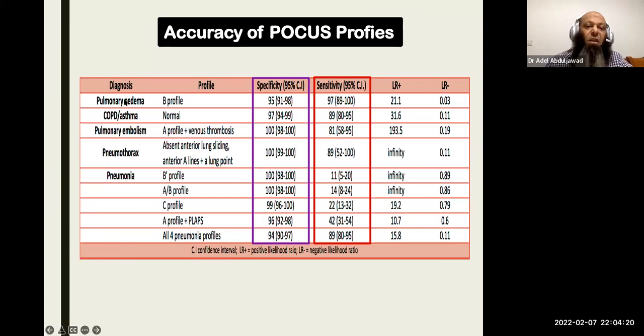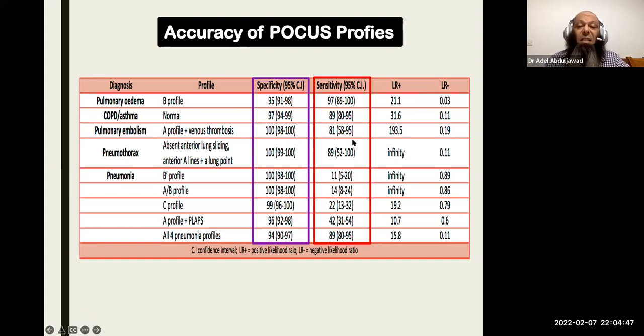For the common entities like pulmonary edema, COPD, asthma, pulmonary embolism, pneumothorax, and bronchial pneumonia or viral pneumonia, you have, for the different profiles, a specificity approaching 100%. So the minimum, as you can see here, is 94% up to 100% specificity.